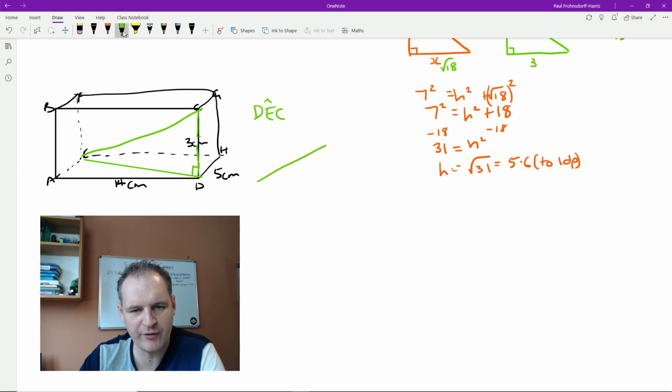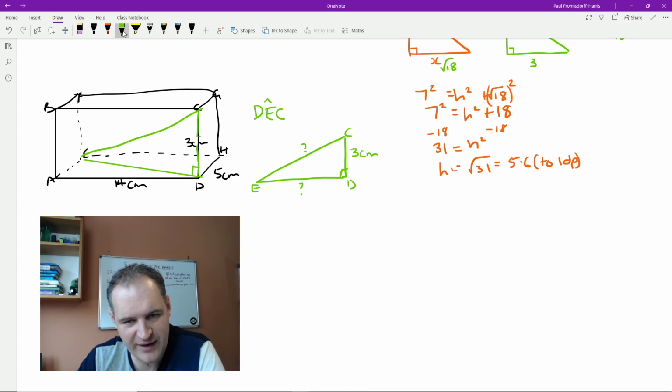So I'm going to draw it and label the sides that are useful, D, E, and C. I know that that is 3, but I don't currently know that or that. So we're going to need a little bit of the Pythagoras we've already talked about to get in the position where trigonometry is going to allow us to work out this angle theta. Remembering, in trigonometry we only need 2 sides and an angle, so it doesn't matter which one we work out.